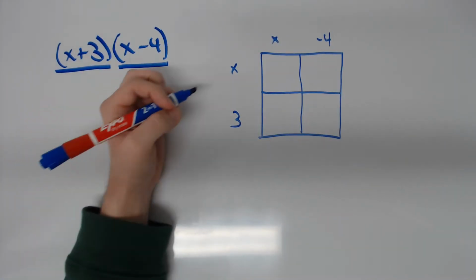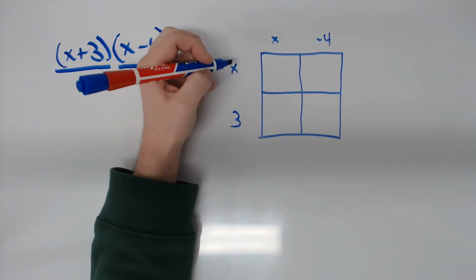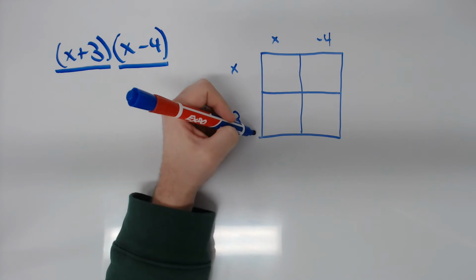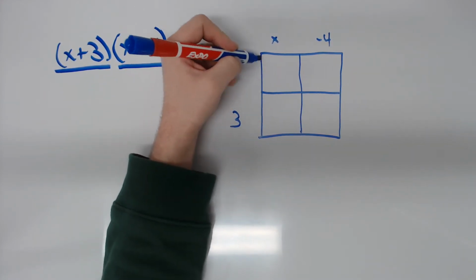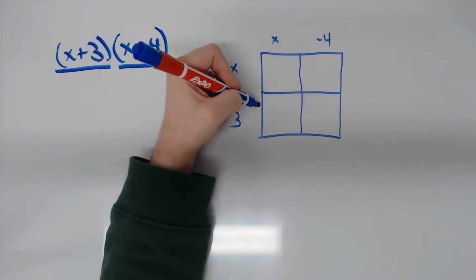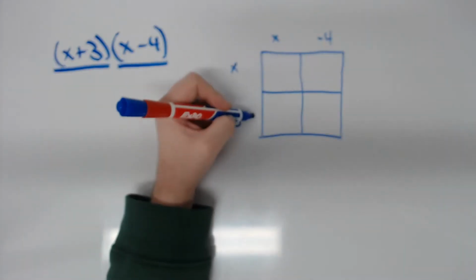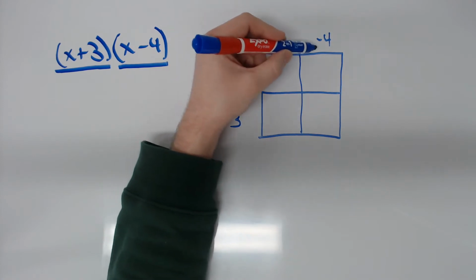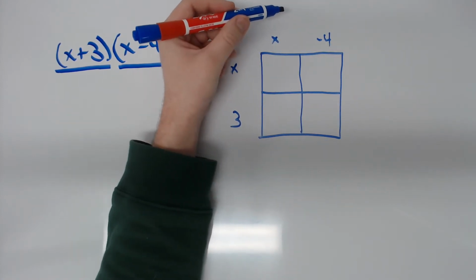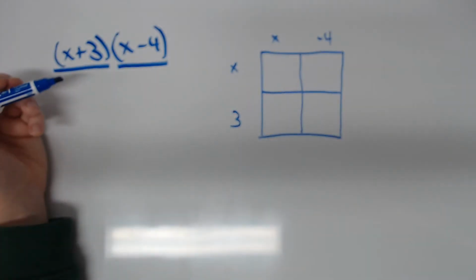Okay, so think of this in terms of like a geometry question. So this side has a length of x plus 3. This chunk of the side has a length of x. This chunk has a length of 3. So totaled up, it's x plus 3. This chunk has a length of x. This chunk has a length of negative 4. I know you can't have a length of negative 4, but just try to work inside the concept a little bit.